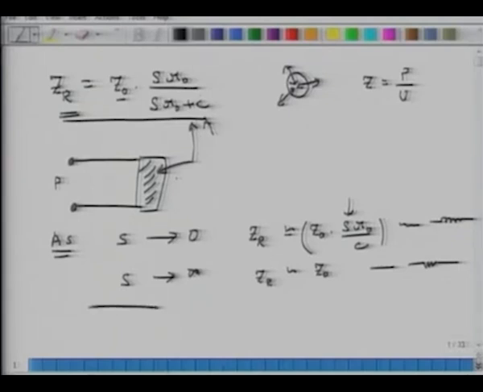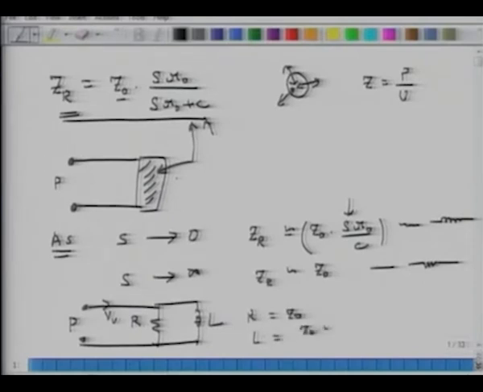So I construct a circuit, and I put a value R here, put a value L here, and this is my V. If I use the impedance analogy, the value of R would be Z naught and the value of L would be Z naught times R naught over C. What is R naught?